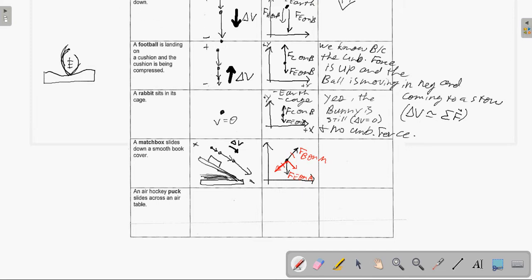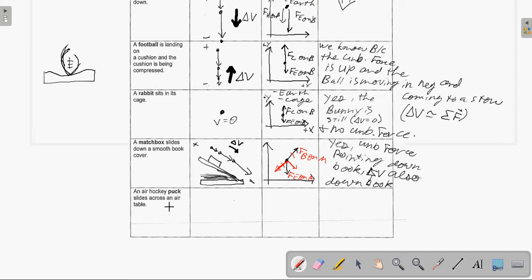And so over here we can write yes, unbalanced force pointing down the book, and delta V down the book. Okay, so again, delta V and unbalanced force are pointing down the same direction.